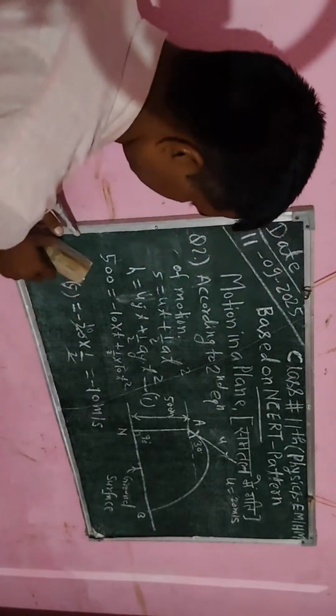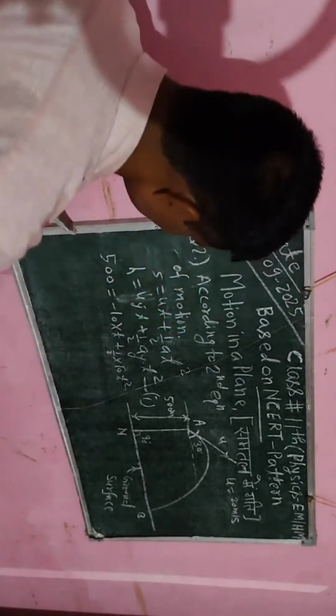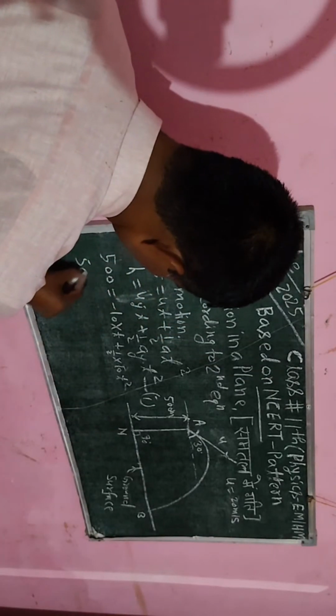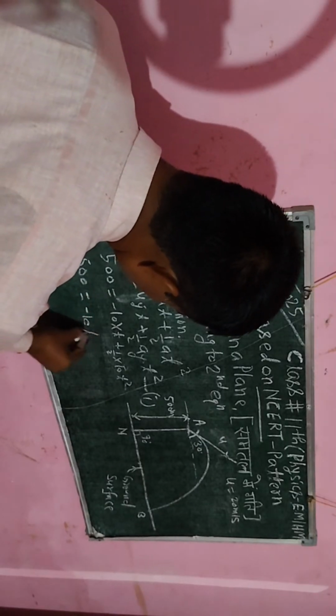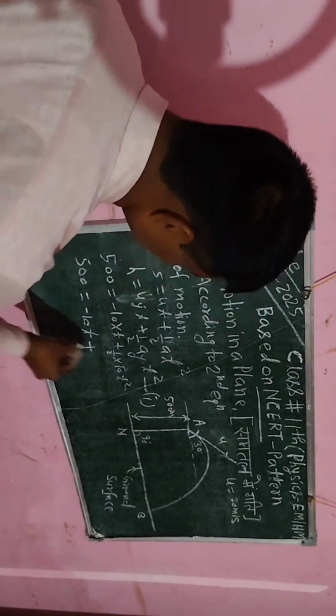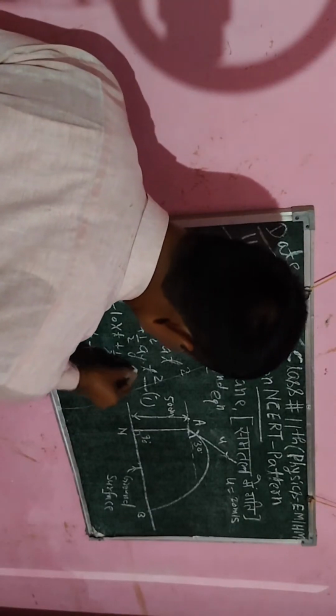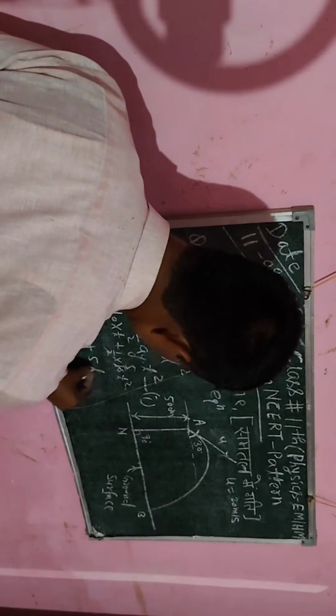Okay, further I will simplify. So 500 is equal to -10t, and then 2 5 10, so that will be 5t square.